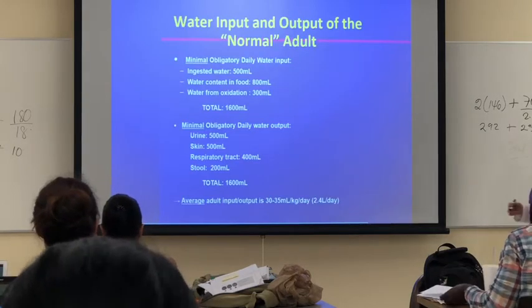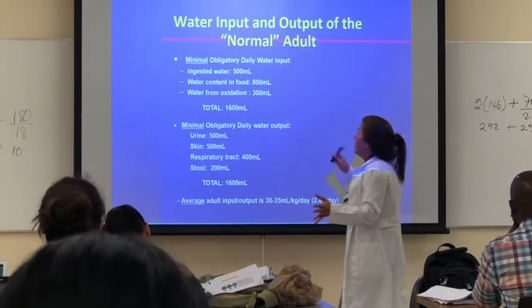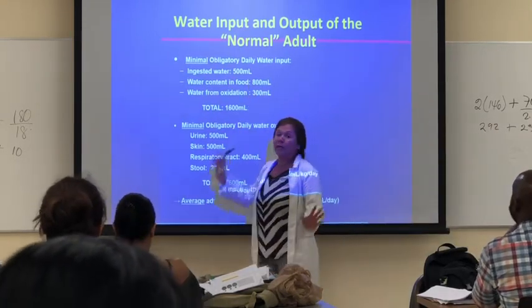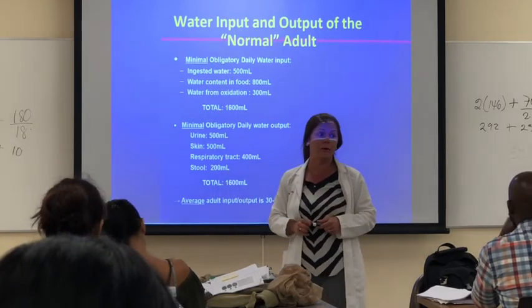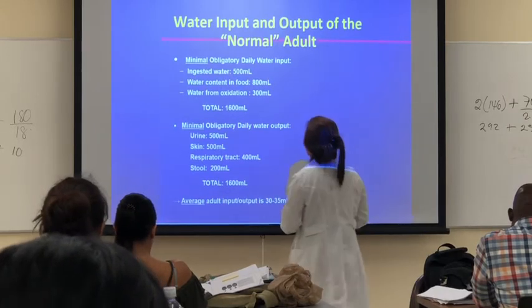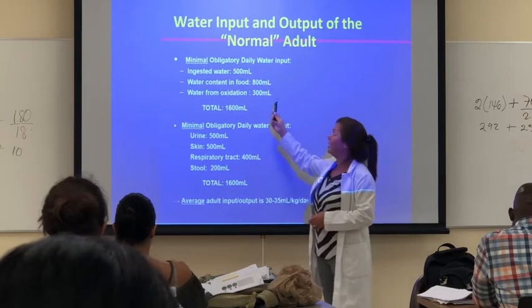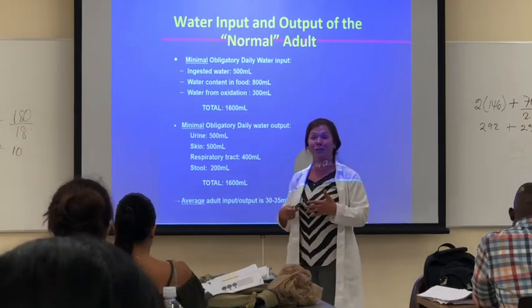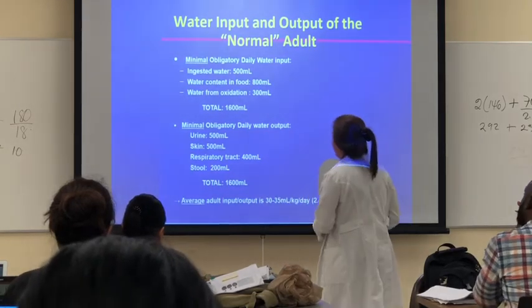Okay? I'm not going to ask you these numbers, but I want you to have in mind that we normally tend to ingest at least 500 mLs of water, excluding the food, okay? 800 could be contained in the food, and through the oxidation of metabolism, we can also gain 300.